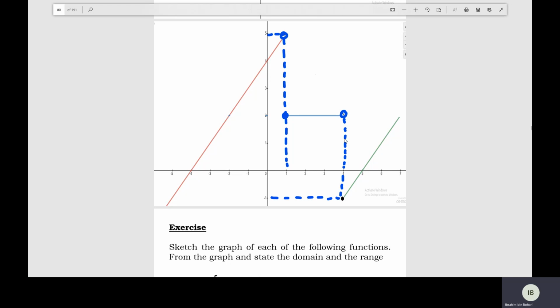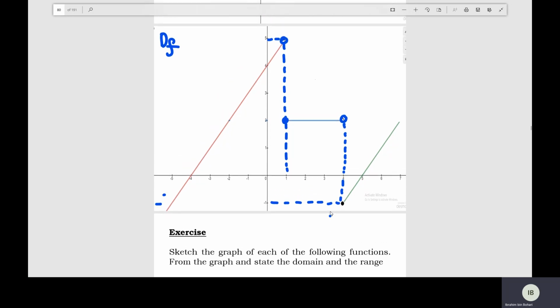Okay, and then from this graph, you find the domain and find the range of the function. So the domain of the function is from the left to the right of the function. From the left, start from negative infinity. Negative infinity, negative 4 exists.